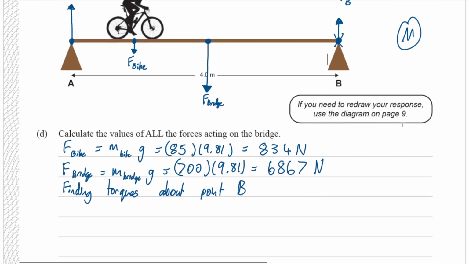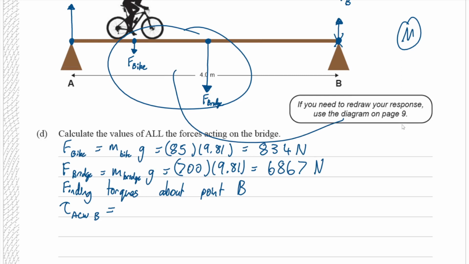So let's just say torque anti-clockwise about B, so tau ACW, anti-clockwise about B. We said that was due to the weight forces.